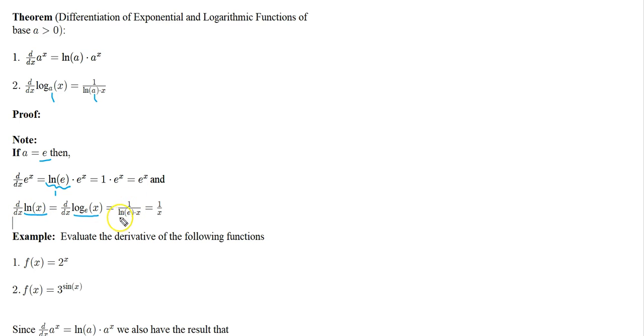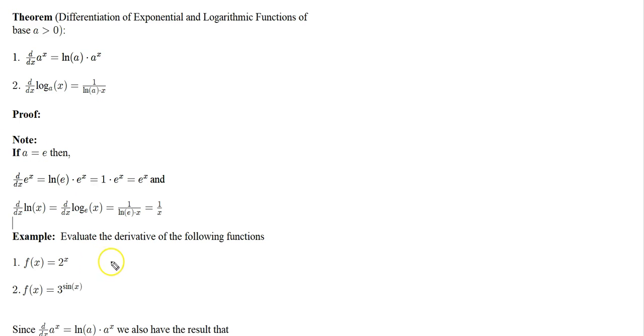And we get 1 over ln of e times x, but once again ln of e is just 1, and we recover the formula d dx of the natural logarithm of x is 1 over x. So these two formulas do agree with our prior results when a is equal to e.